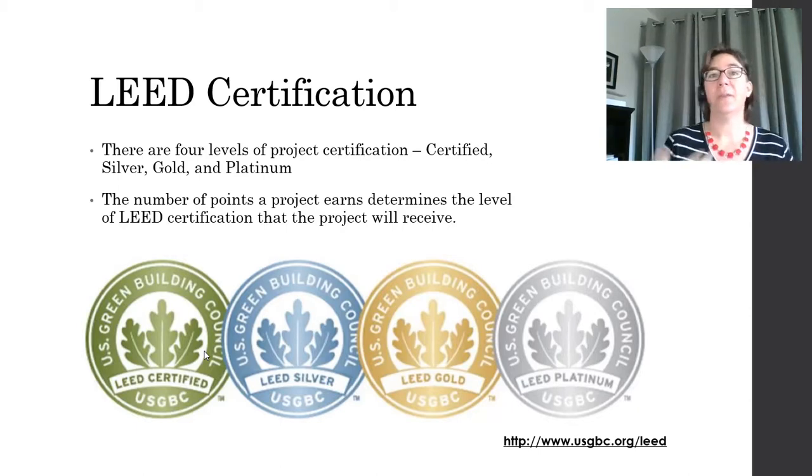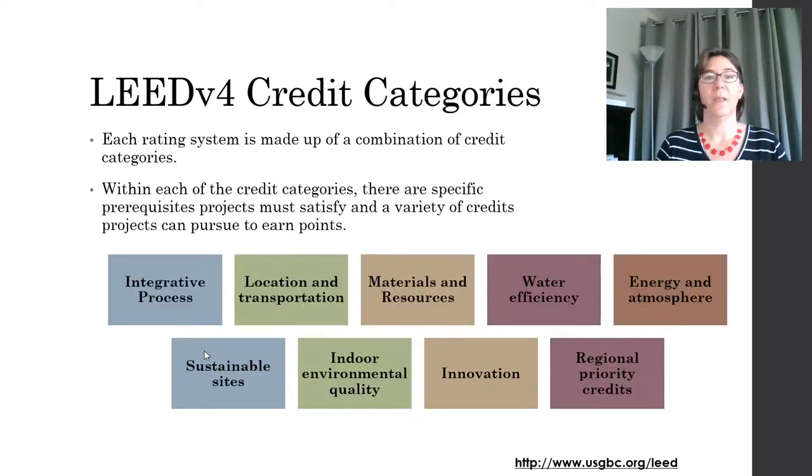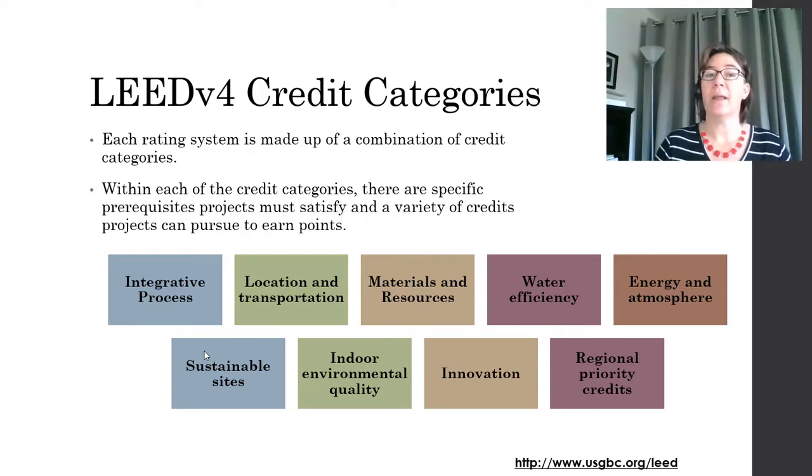Once you have determined the appropriate category for your projects, there will be a checklist with a number of different certification points that your project can earn. The number of points your project earns determines the level of certification that it can receive. And there are 4 levels: certified, silver, gold, and platinum. Those points that you can earn are organized into credit categories.